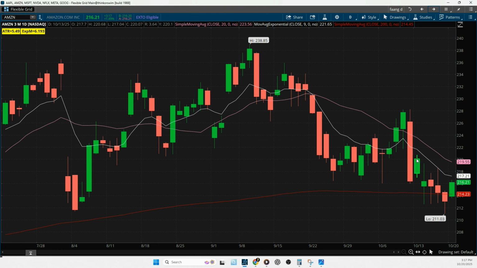Now, over here we have our stock price for Amazon below both the 4-day and the 10-day moving average. Sorry, on this one we have a 9-day exponential and a 20-day simple moving average. The white one's the 9-day. Nonetheless, price action is on the bottom of those two moving averages, and these two moving averages are beginning to meet the 200-day moving average.